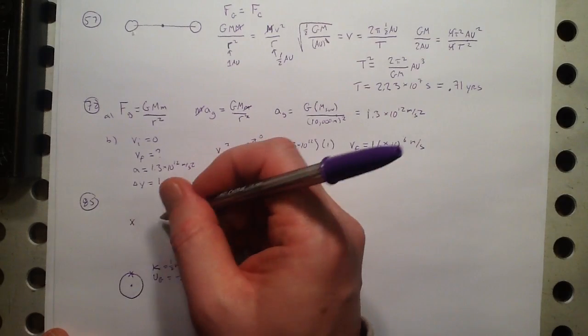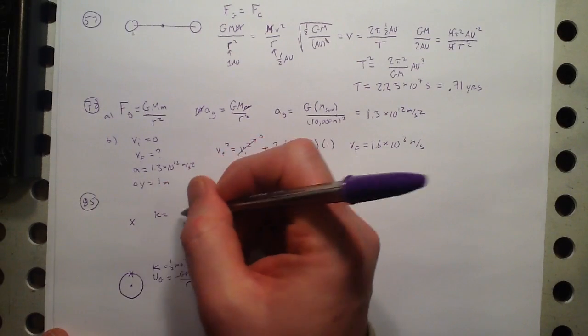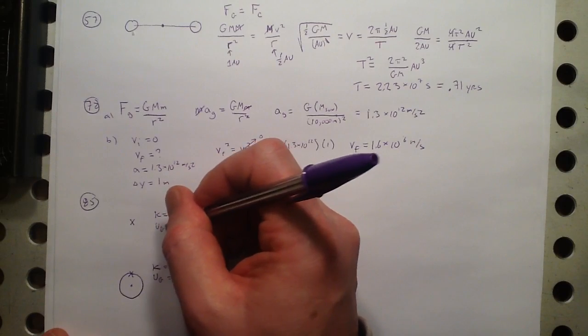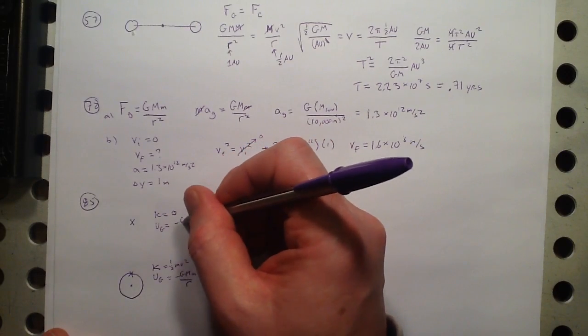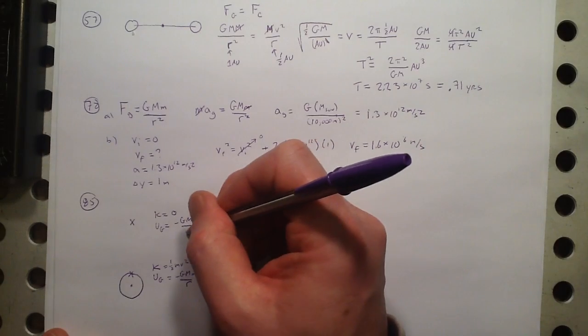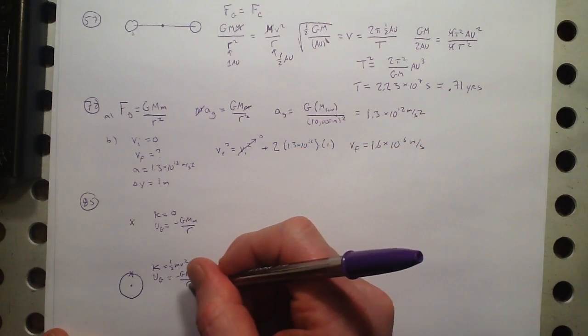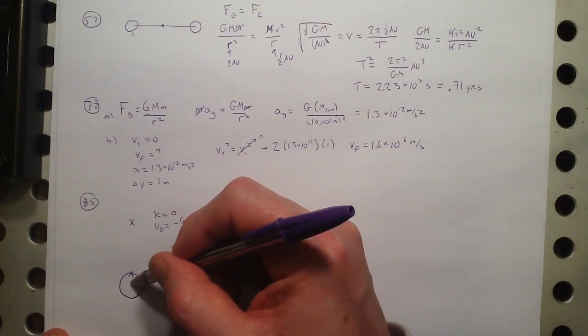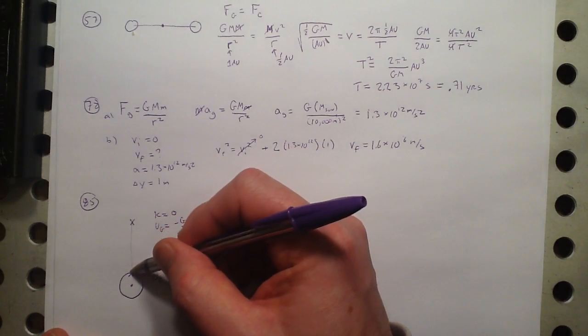And when it gets up to the highest point, it would have no kinetic energy, but it has universal gravitational potential, negative G M m over r. This is the radius of the Earth, and this is the r here.